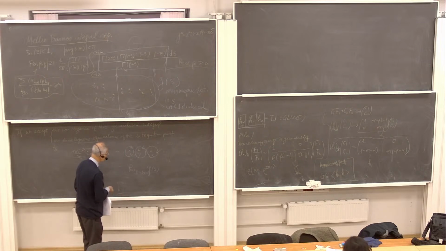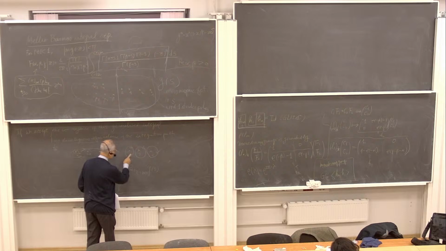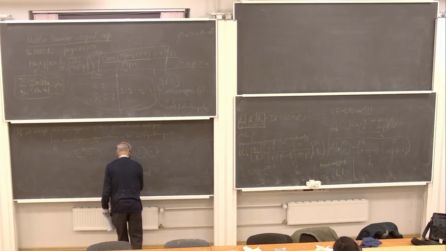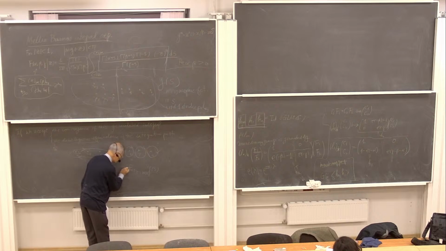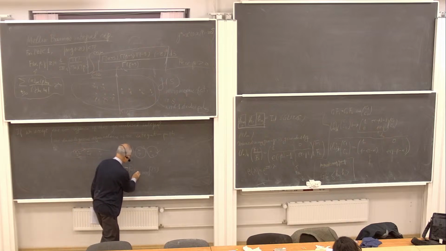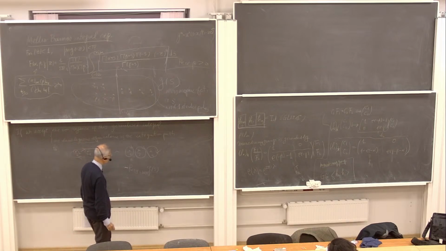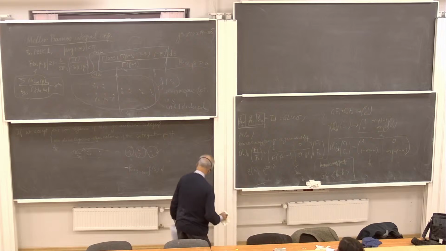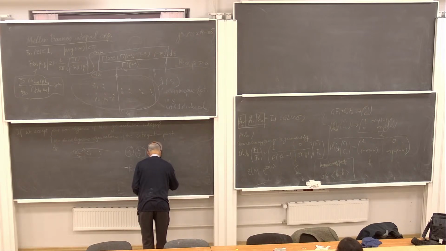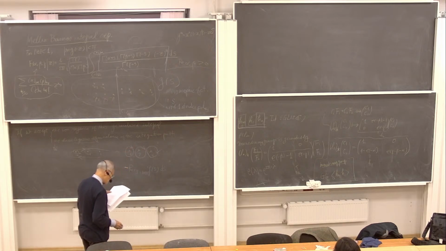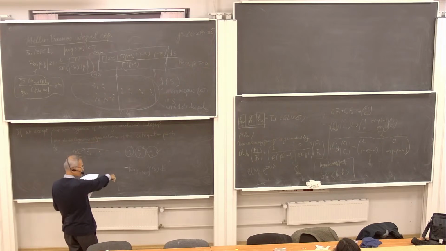Let us gather these residues. Since the integration is in the negative direction, I must count minus the residue at s equals m of G(s) ds. The 1 over 2 pi i has been counted.